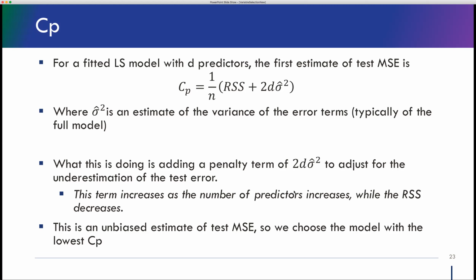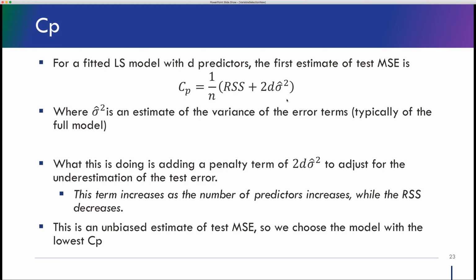Here I basically get the information from the book. For the Cp, we're doing a fitted least squares model with d predictors. Under this notation, we have d predictors, and the adjusted version of this RSS is this Cp.